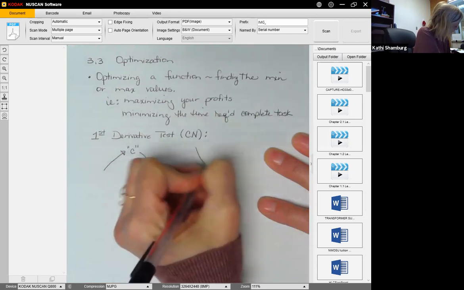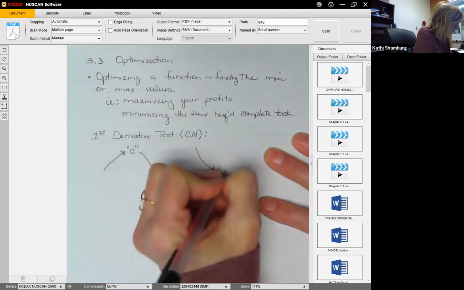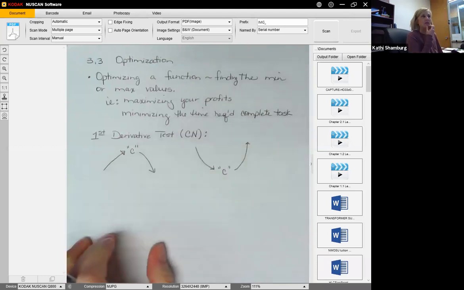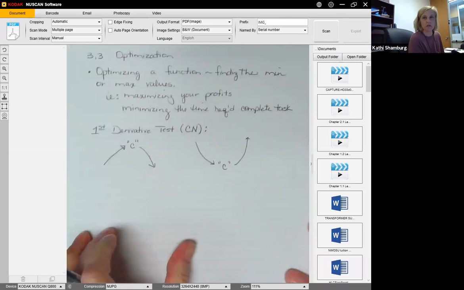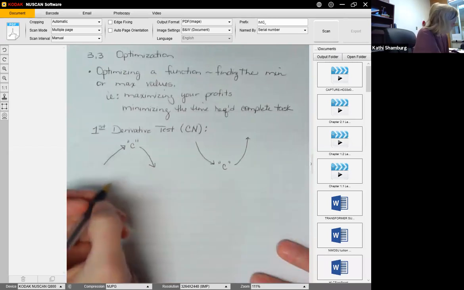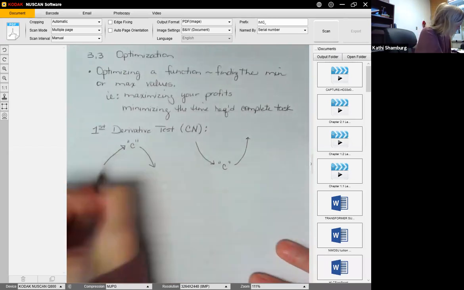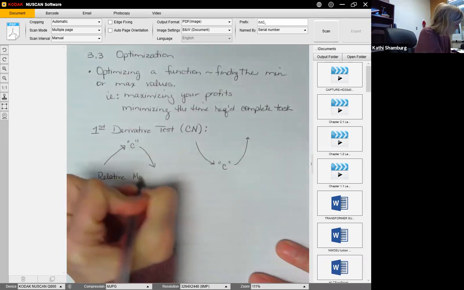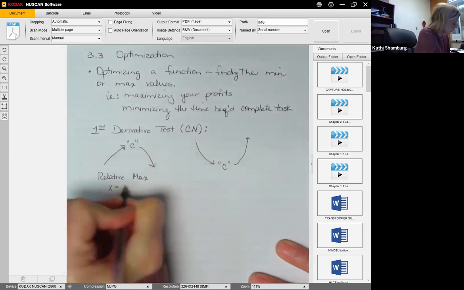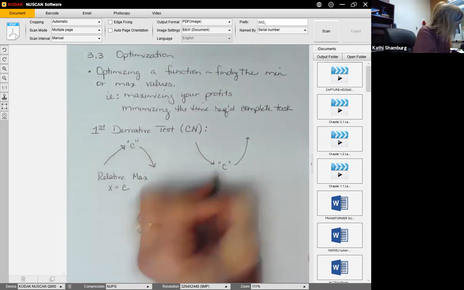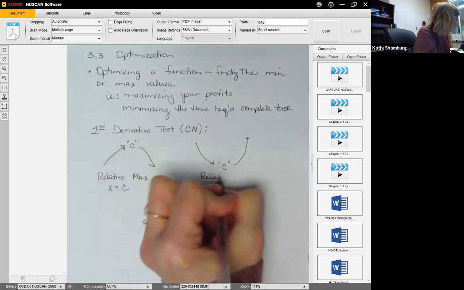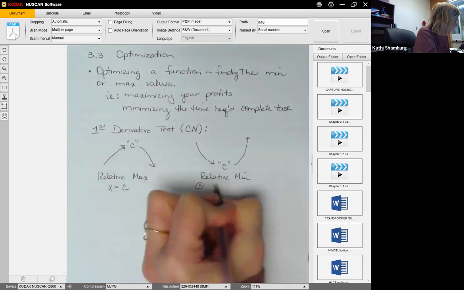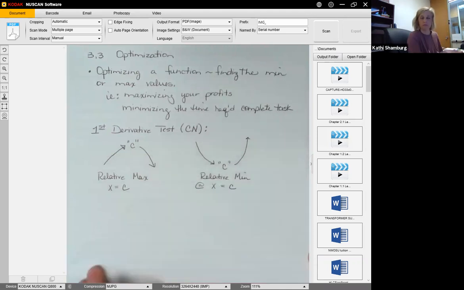We also had situations where it would decrease and then increase. Now, when we were dealing with the first derivative test and relative minimum and maximums, then we knew that this was a relative maximum at the point x equals c. And we would know that this is a relative minimum at the point x equals c.